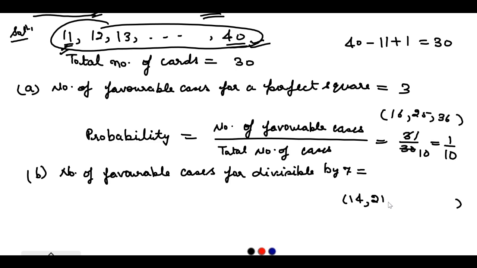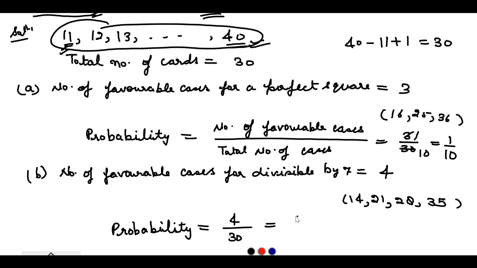Next 21, next 28 and next 35, means favorable cases are 4. Then probability of this case, number of favorable cases divided by total number of cases, means 2 by 15.